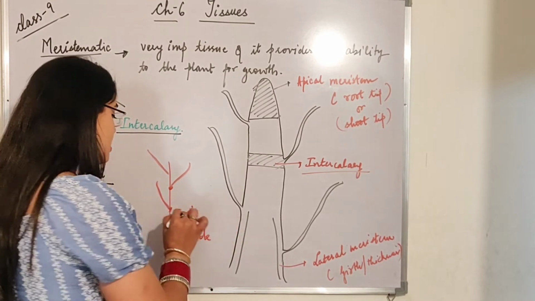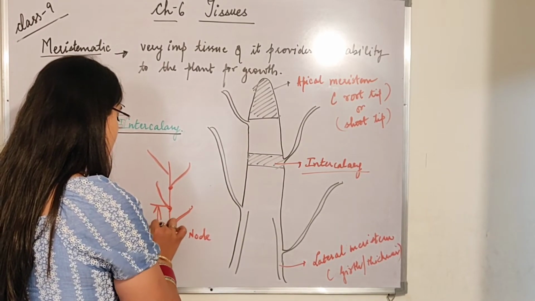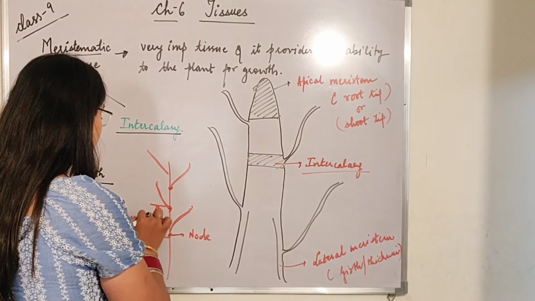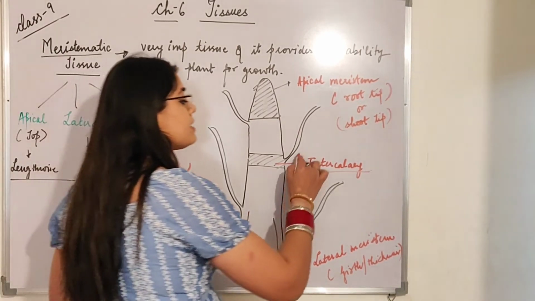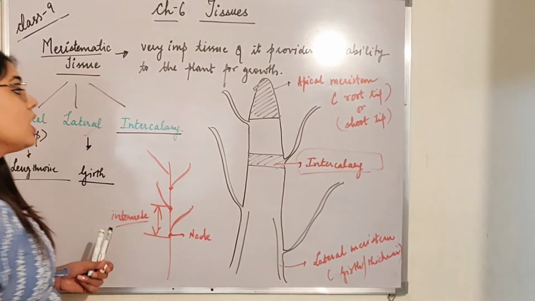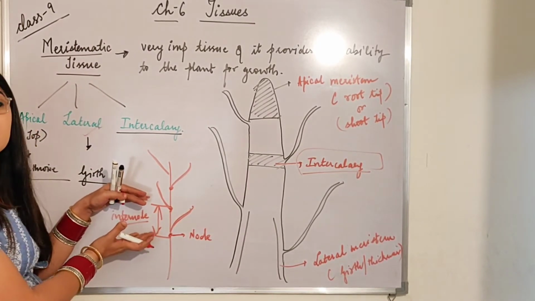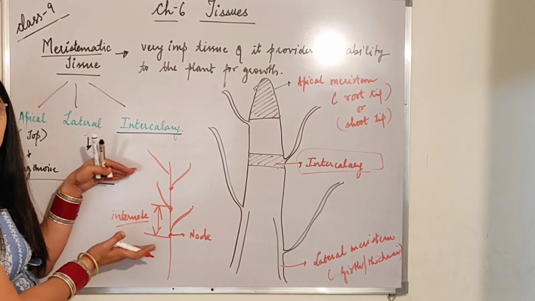And the distance between two nodes, that is the distance between this and this beta, this is the internode. So intercalary meristem helps in the growth of the plant by increasing the distance between the internodes. It keeps on increasing the distance between the internodes.